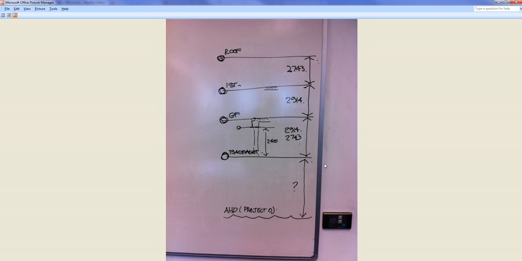Is it going to be, for example, a 1 to 10 maximum slope or a 1 to 12 maximum slope? It means that the base level of the car park is going to be dictated by the length of the driveway.